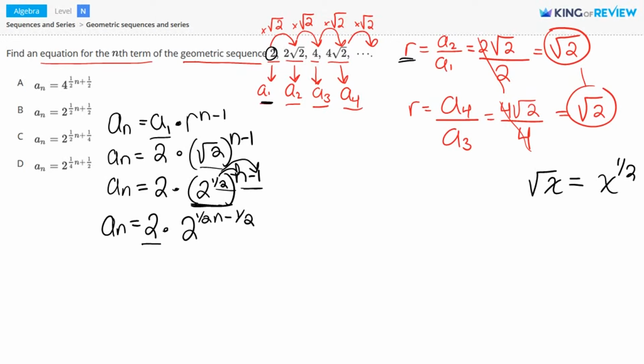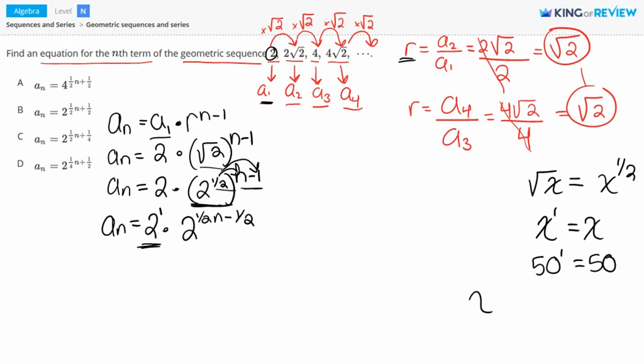And now how can we write this 2 here with an exponent? If we have x to the first power, this is the same thing as x. Or if we had 50 to the first power, this is the same thing as 50. Any number to the first power is that number. So to write 2 with a power, we would write 2 to the first power. And now we need to consider the following property. If we're multiplying two numbers that have the same base, we can add their exponents together.